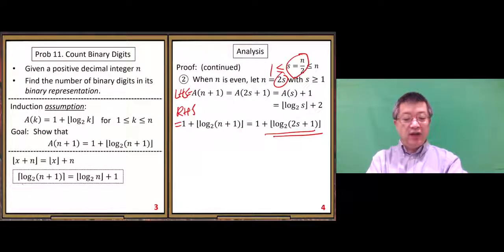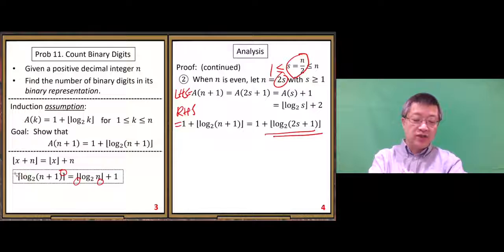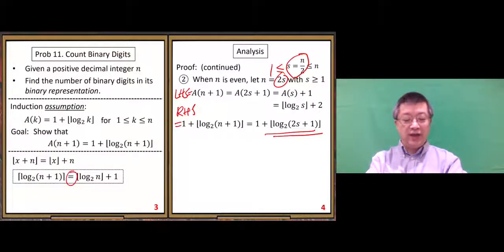This is the formula. Ceiling function of log base 2 of n plus 1 equals the floor function of log base 2 of n, plus 1 taken out. These two sides are equal.